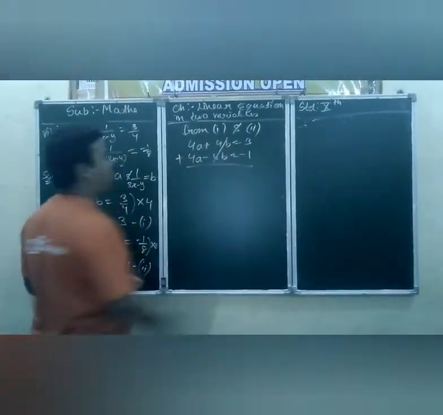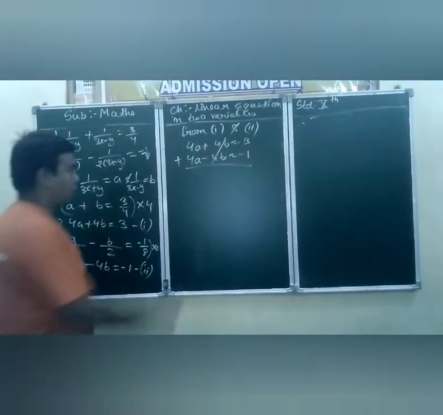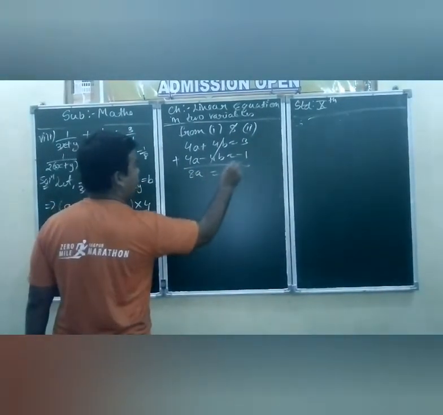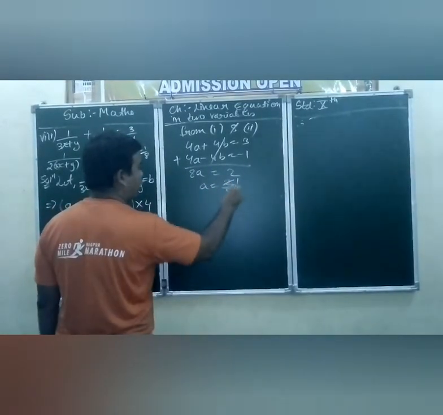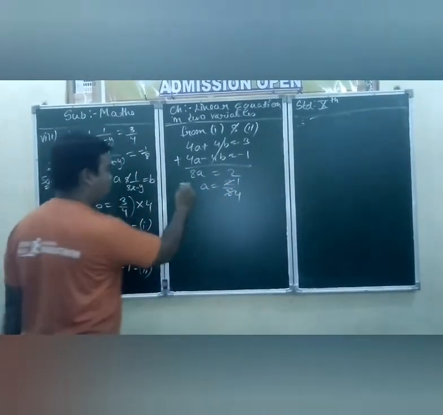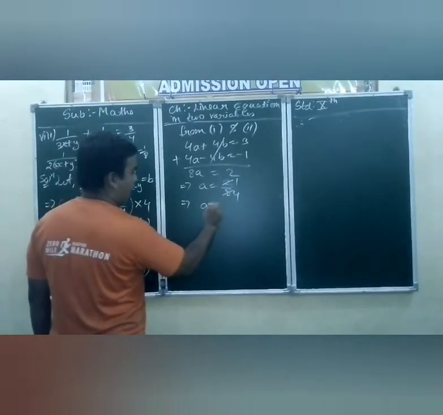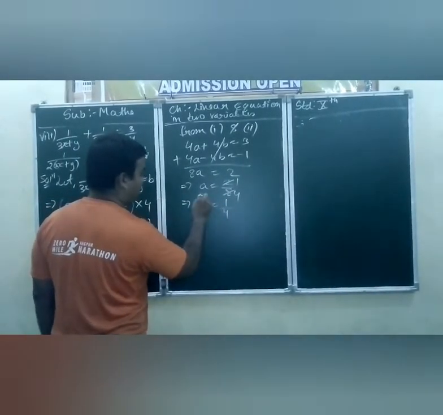So plus 4b minus 4b is cut. 4 plus 4, 8a; 3 minus 1, 2. So a equal to 2 by 8. 2 on the 2, 2 4 is 8. So the value of a is 1 by 4.